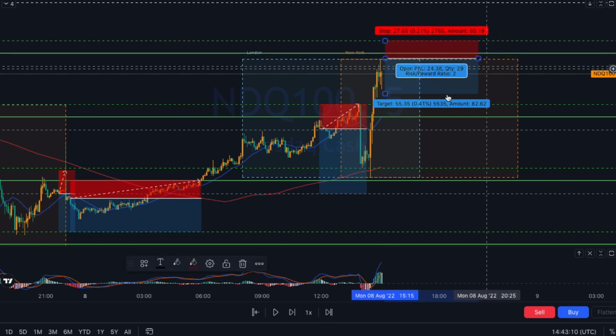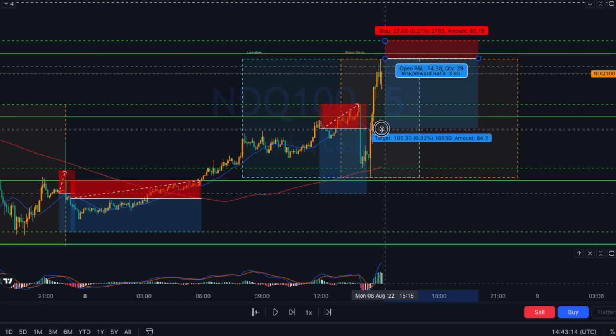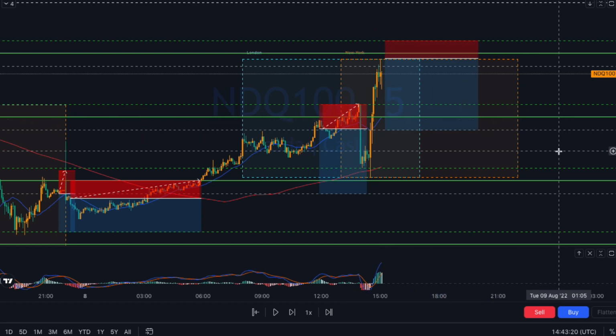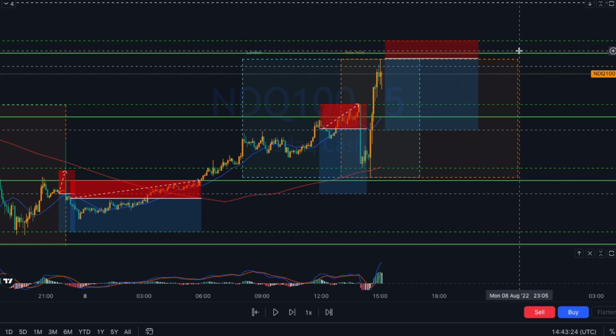Another thing with this zone is it works really well as a risk management tool. As long as you're placing a trade inside of this zone right here, you know roughly how much you're risking, because I've calculated the overall size of this whole zone, and the size of this zone is 40 pips.